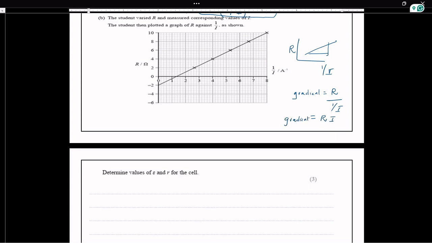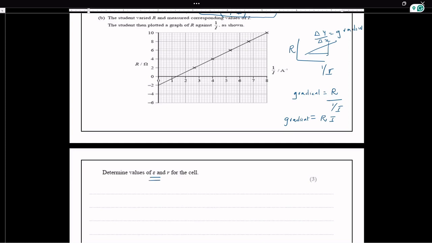This is the gradient I am getting, because we know that the gradient is delta y by delta x. On the y-axis I have R, on the x-axis I have 1 over I. So the gradient is the product of I and R. This is a resistance times a current, so I am getting a voltage as the gradient.